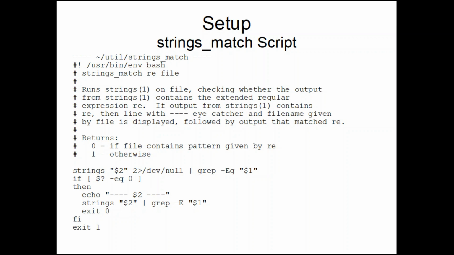If the specified file contains any contents that match the regular expression, then the name of the file is printed with 4 leading and 4 trailing dashes, and then the matching contents are displayed after this eye catcher and file name.